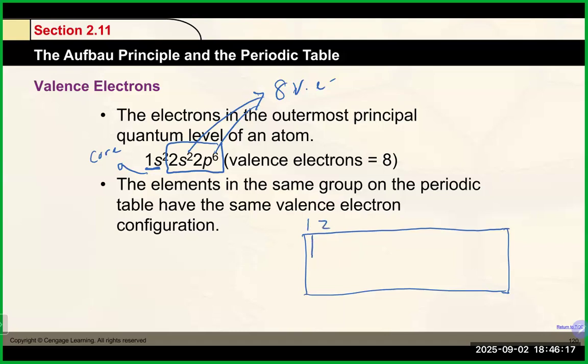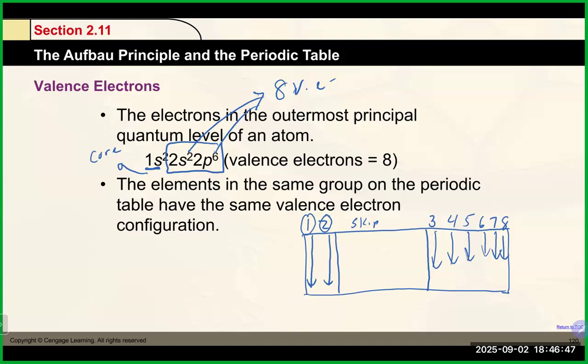A reminder that groups go up and down on the periodic table, and we use the representative numbering, which goes group 1, group 2, we skip the middle here in terms of numbering, then 3, 4, 5, 6, 7, and 8 coming down. So you can get the number of valence electrons by simply looking on the periodic table and seeing what group they're in.